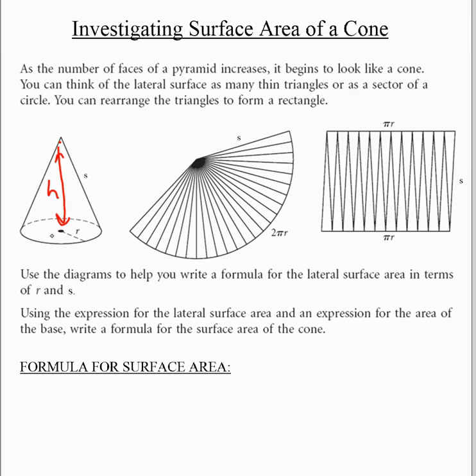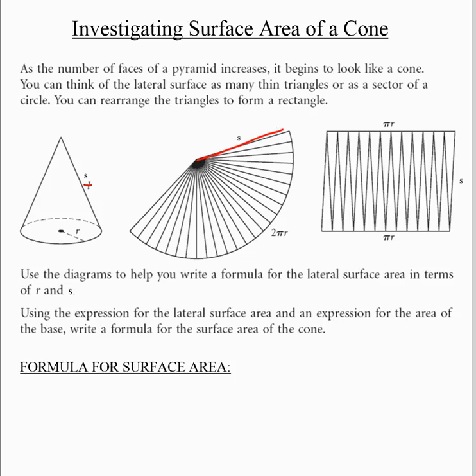The radius, you are all familiar with that. When we look at this portion of the circle, which, as I explained, is the lateral surface part of your cone, we're going to be looking at some labels on it. The radius of the lateral circle part is actually the slant height.